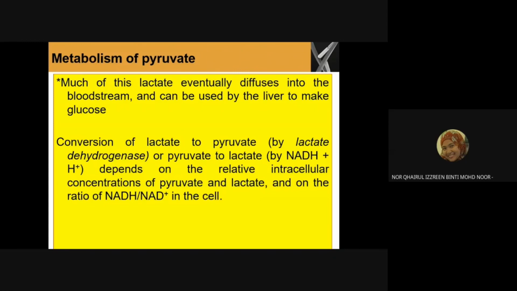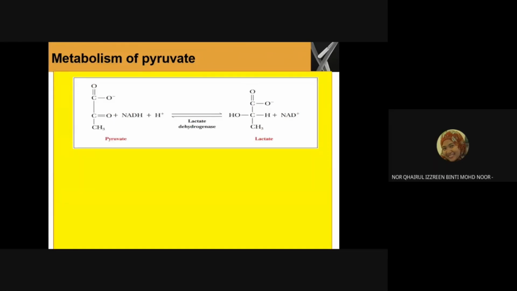Basically, this is how they control the amount of glucose. When glucose is low and lots of lactate is produced, the blood has a high content of lactate, and the liver will take up that lactate and convert it to glucose to supply ATP.